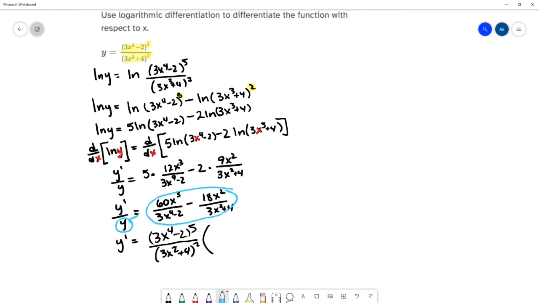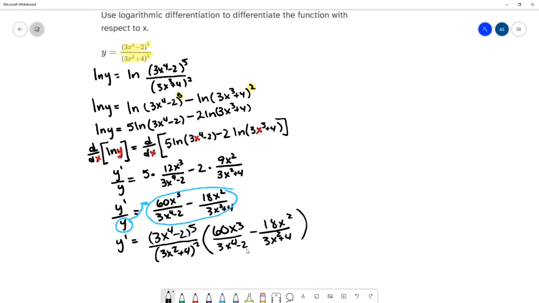So I'm doing y times all of that, 60x cubed over (3x to the fourth minus 2) minus 18x squared over (3x cubed plus 4). And this is our derivative, which is acceptable.